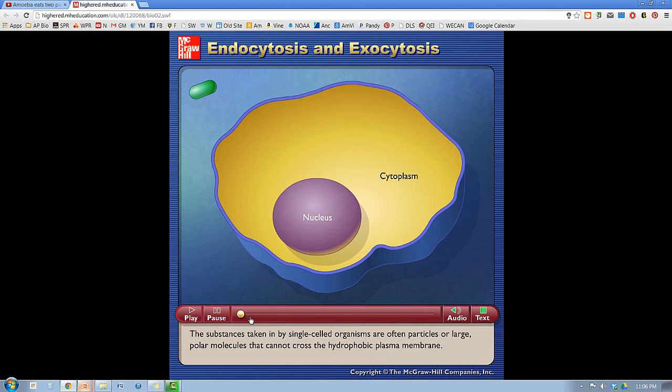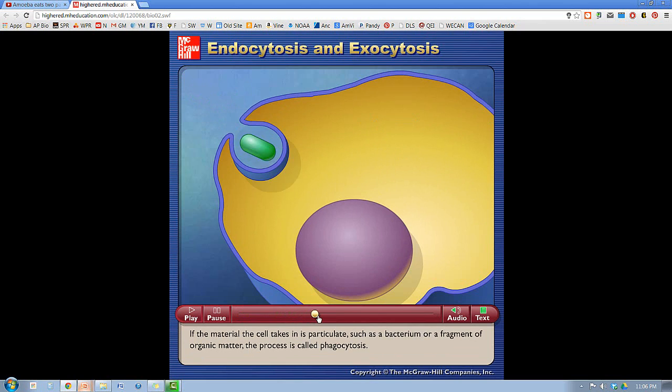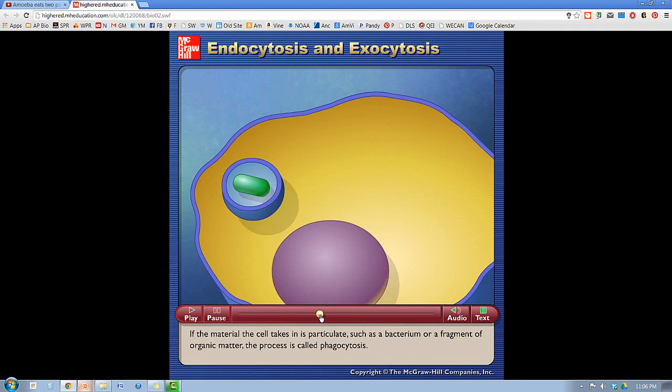This animation is going to show exactly what's happening. So as I step through, here comes a bacterium that is going to push in towards the plasma membrane. This is phagocytosis. It's cell eating because it's a solid material. Keeps pushing forwards until a little bubble forms and then enters the cell. Here's pinocytosis, a liquid.